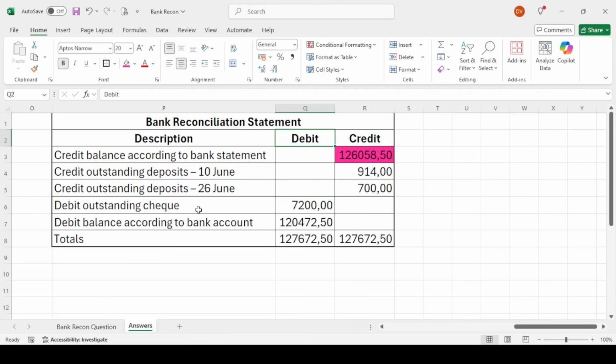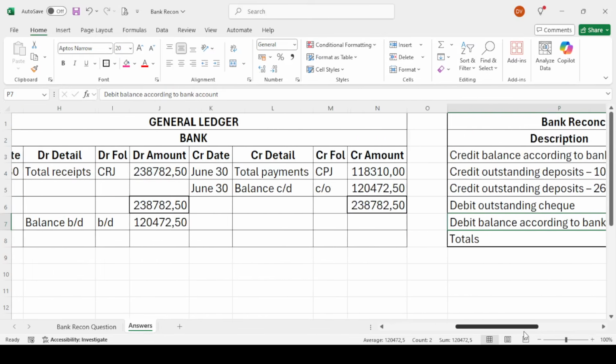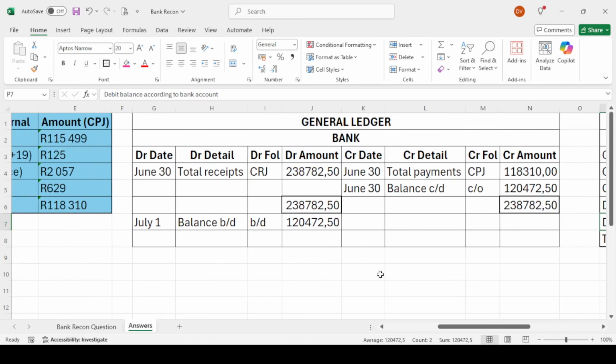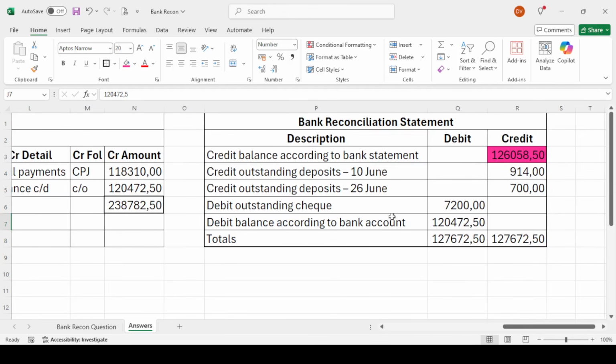Okay. Then, what's this? Where did this come from? Remember, we've just done the general ledger. We've now got a new balance that we brought down. Do you see? We've got a debit balance of 120,472.50. And this is the amount that we're inserting on our bank reconciliation statement.